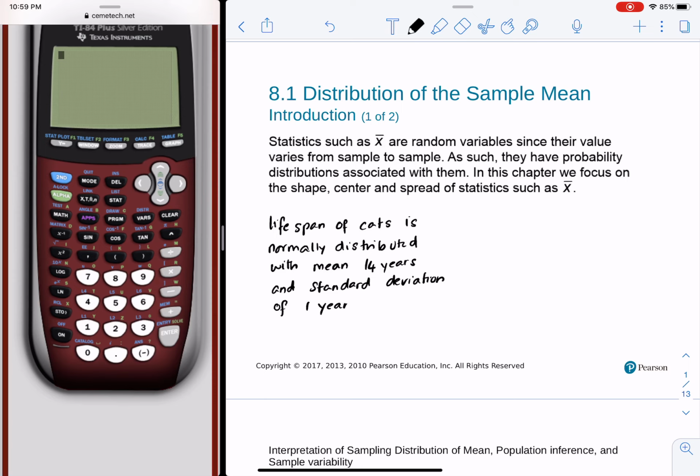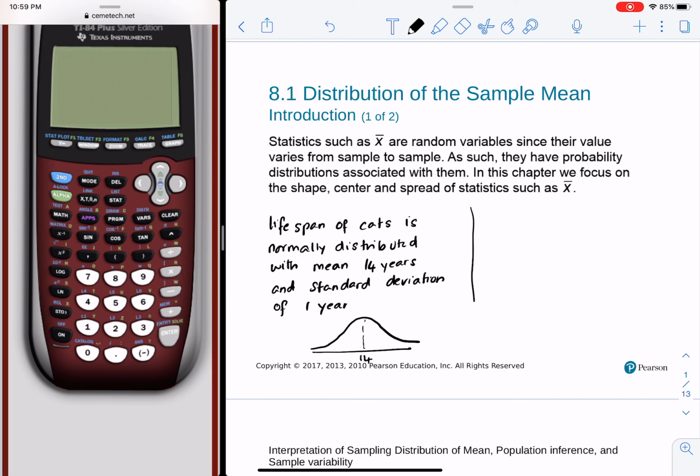This is not real data, this is just an example. So if that is the case, then I could simply draw a normal curve and say the mean is 14 and compute probabilities and do all sorts of stuff.